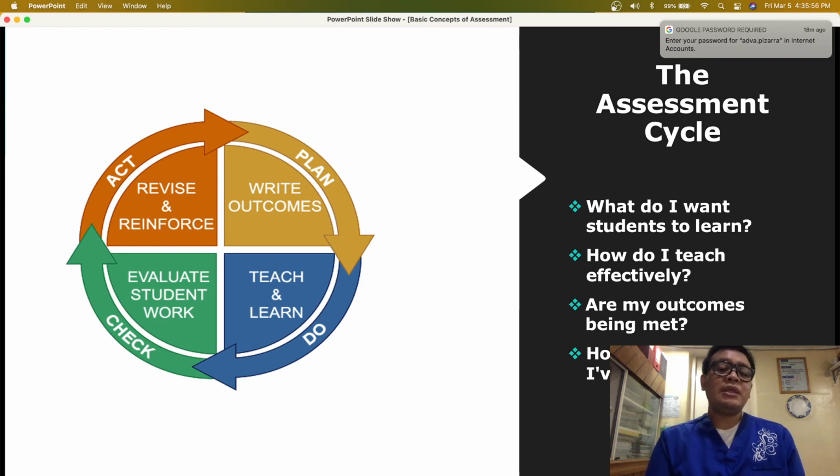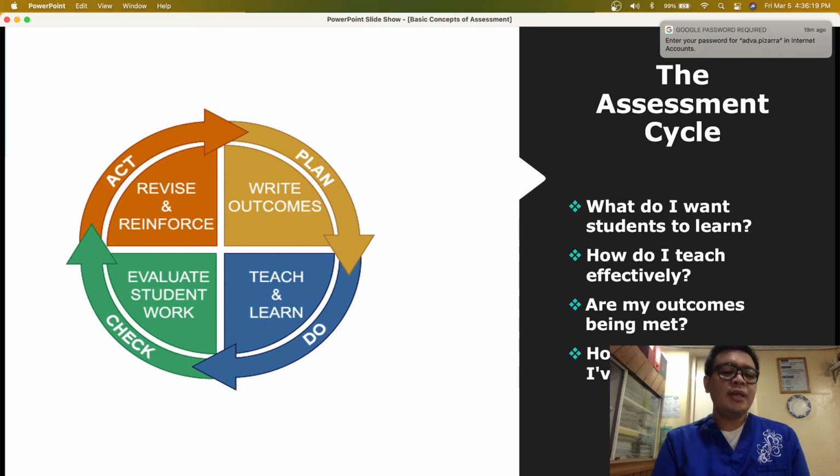You also have teach and learn, which is the do, evaluate student work, which is the check, and revise and reinforce, which is the act. First, make sure that things are planned before you implement them. Once you have the plan, you have to do it. Doing is teaching and learning.